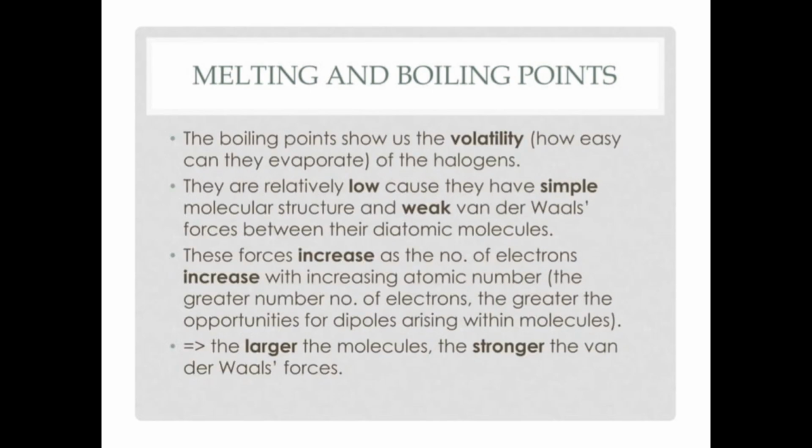A key information to know here is that the boiling point will also tell us how volatile a substance is, how quickly it is able to escape or evaporate. Since it's increasing, that means the volatility of the halogens also increases down the group.